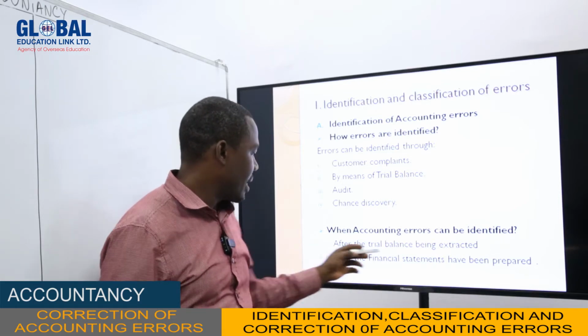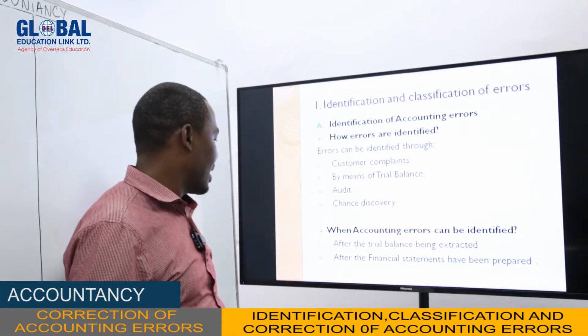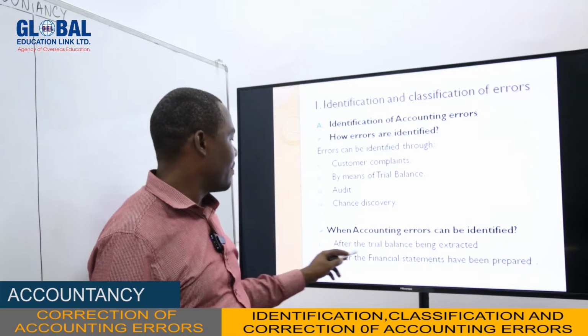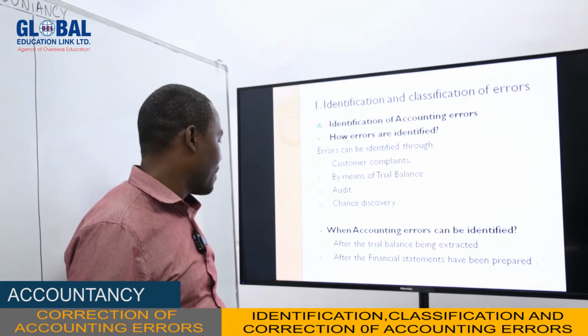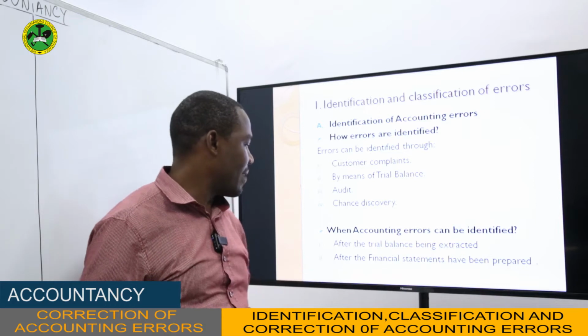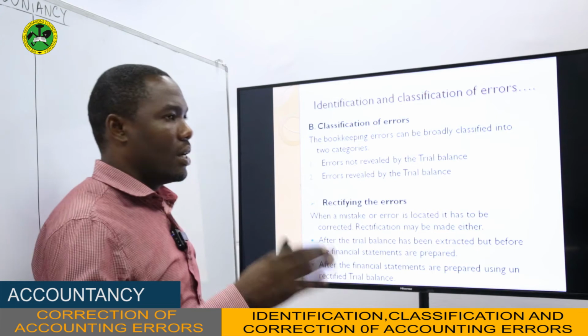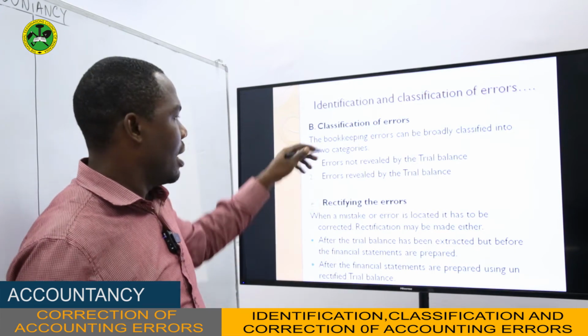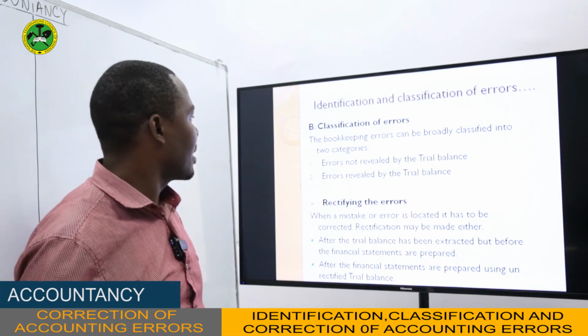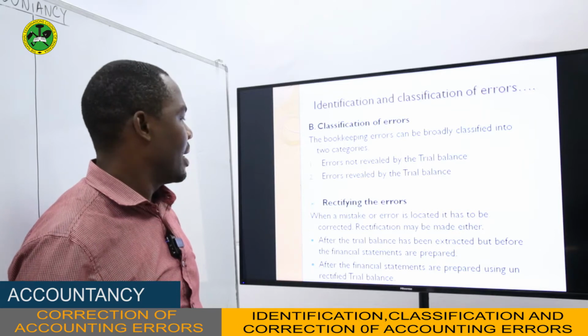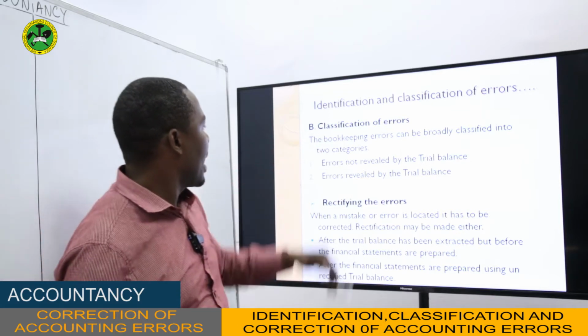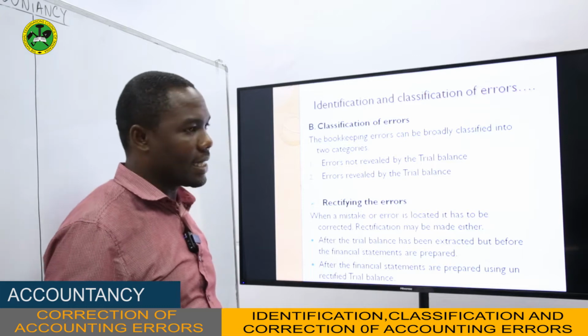We are going to see how we correct errors that are discovered after the trial balance has been extracted, and also after the financial statements have been prepared. So after knowing how errors can be identified, let's go now to the part of classifying these errors.